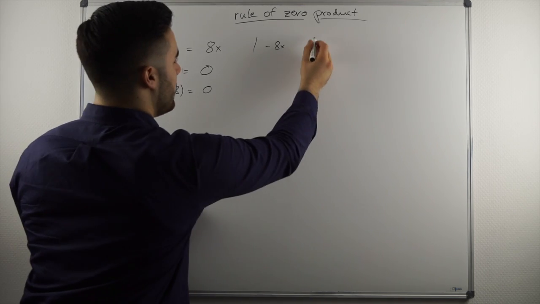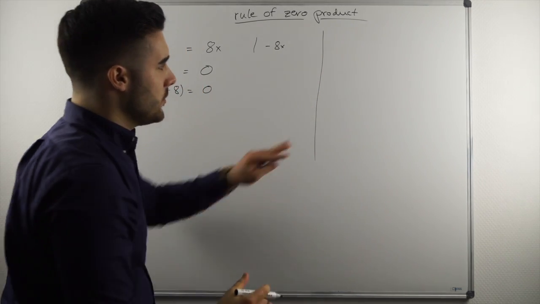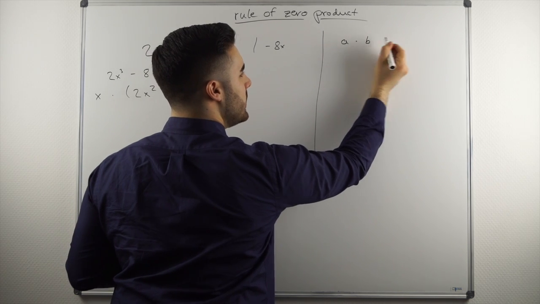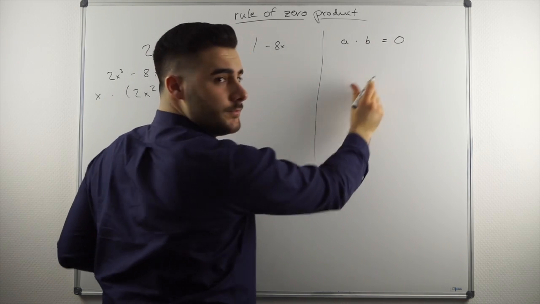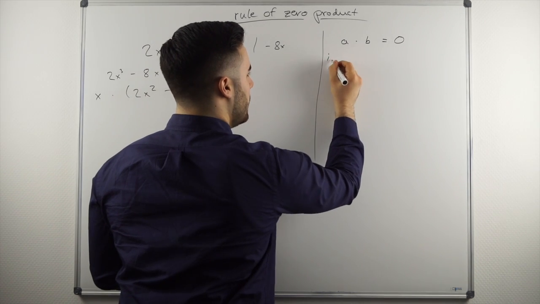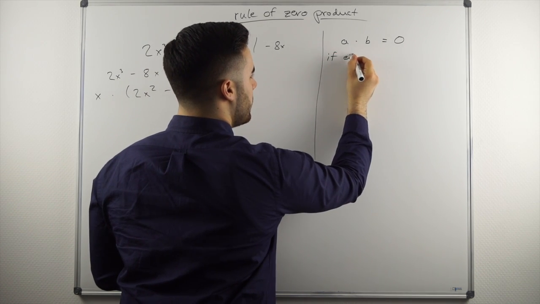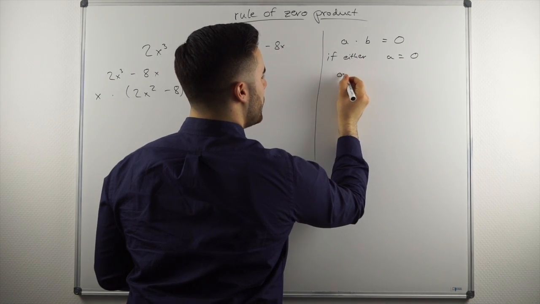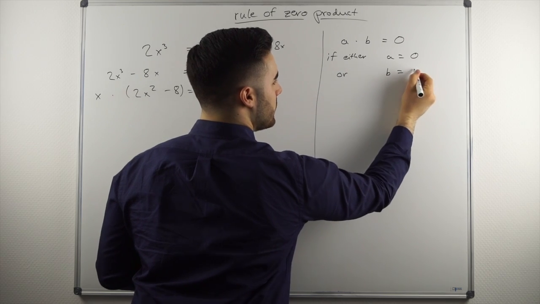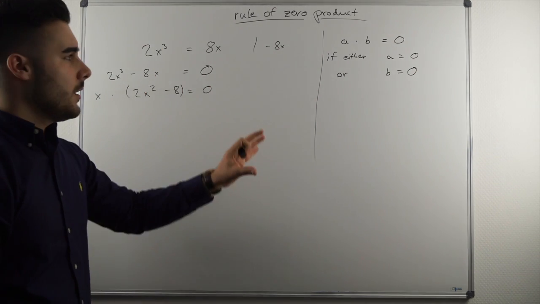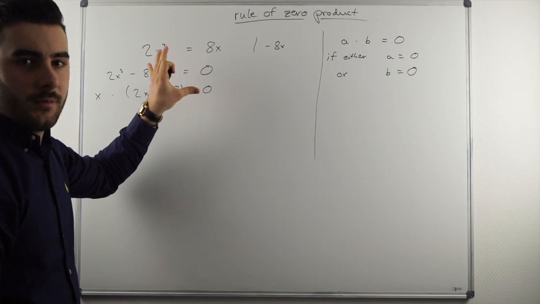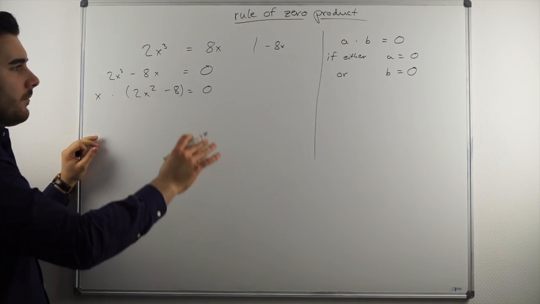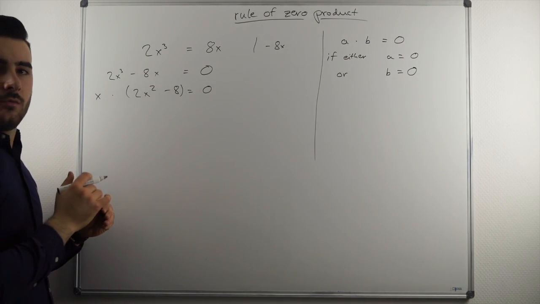That means if we want a general rule, we would say that a times b is equal to 0 if either a is equal to 0 or b is equal to 0. And this applies to every calculation that looks similar to this one.